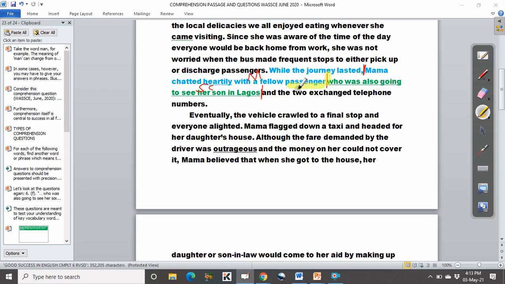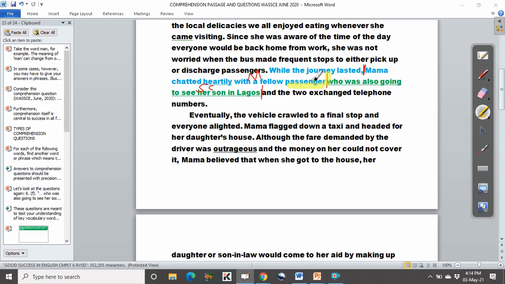Obviously, you will want to know more about this passenger, so the question naturally is, which passenger? This underlined expression gives us a description of the particular passenger being talked about here.